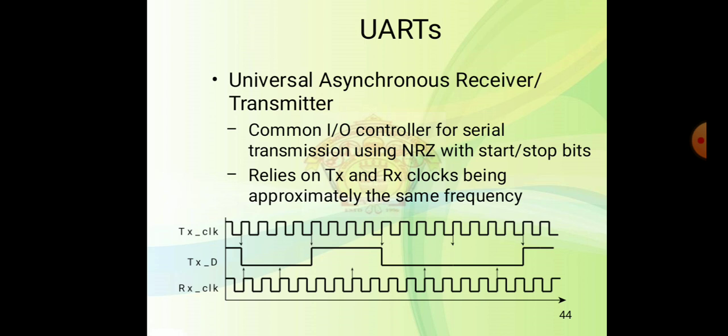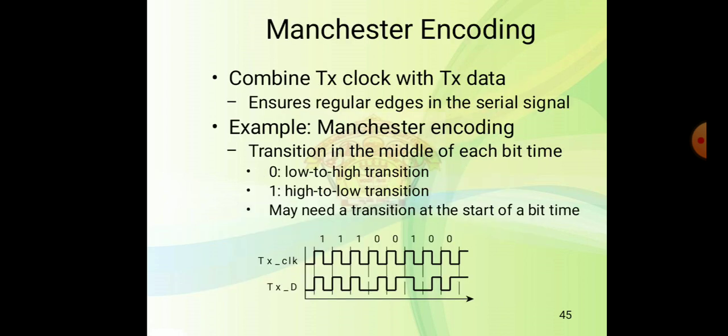Another scheme, the third scheme, for synchronizing a serial transmitter and receiver involves combining the clock with the data onto the same signal wire.